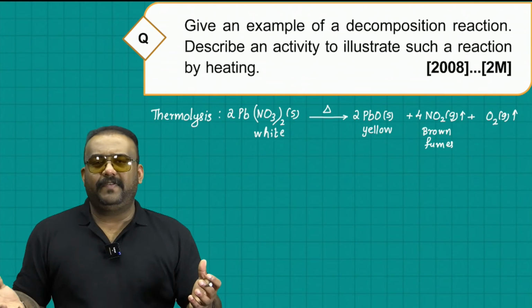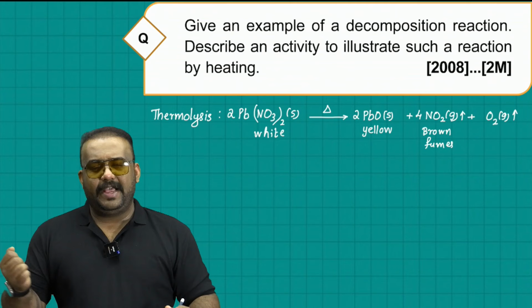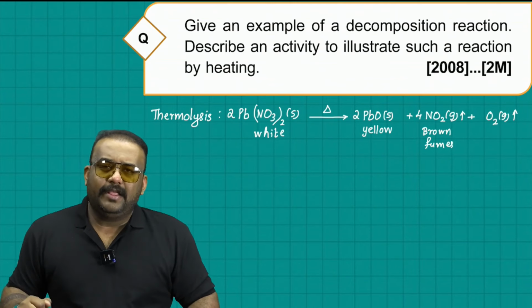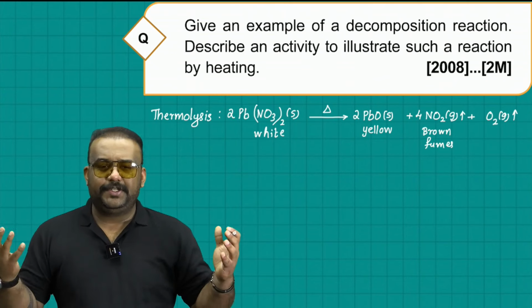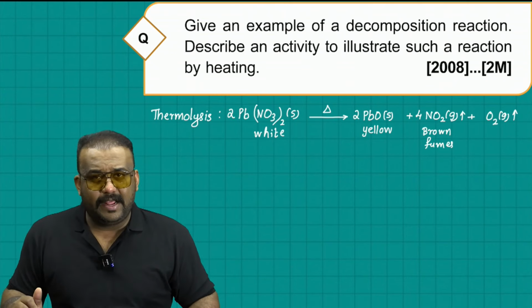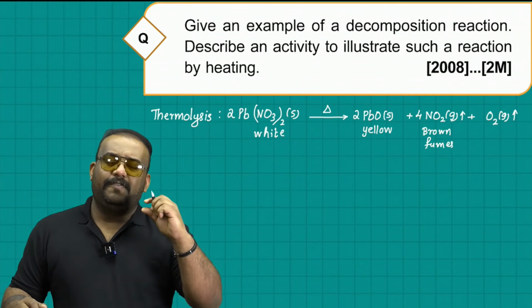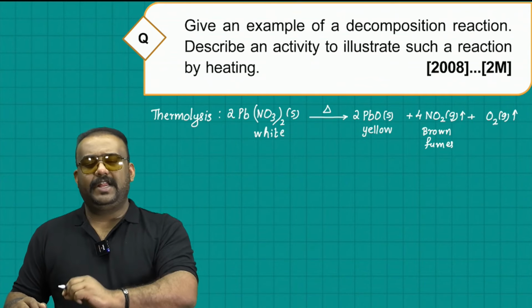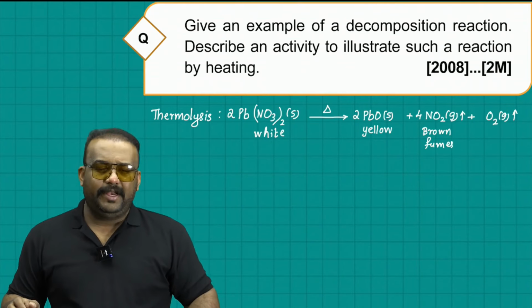So the activity you can briefly write as some amount of lead nitrate is taken in a test tube and it is heated. Then we will observe that brown fumes will be coming out of the test tube, which is due to the release of nitrogen dioxide. And we have the yellow colored solid formation at the bottom of the test tube, because lead nitrate will decompose into lead oxide. And also you have oxygen gas being released.